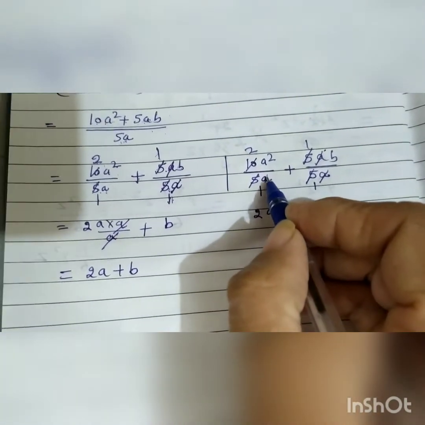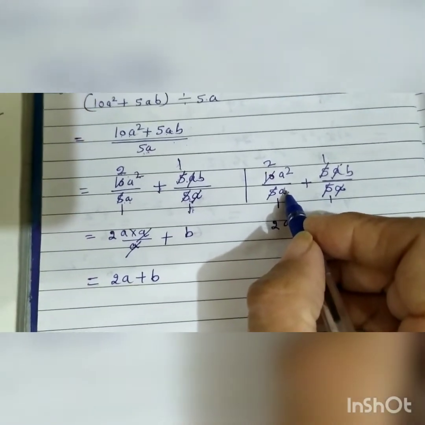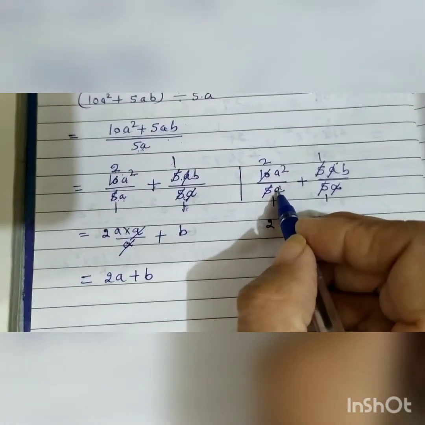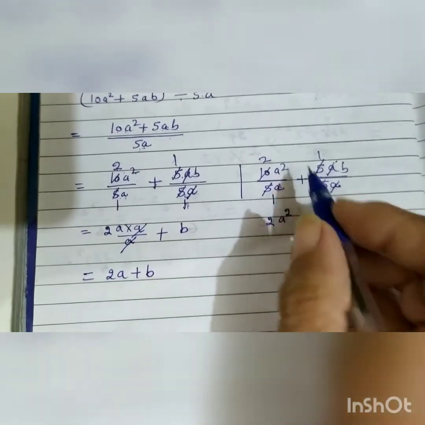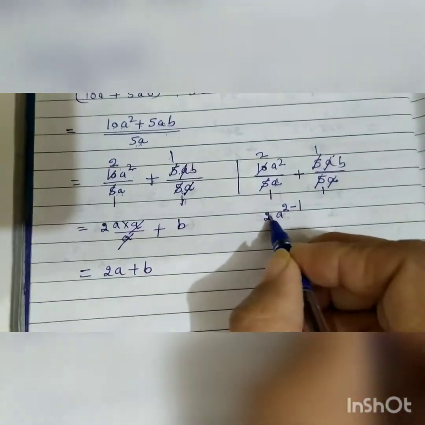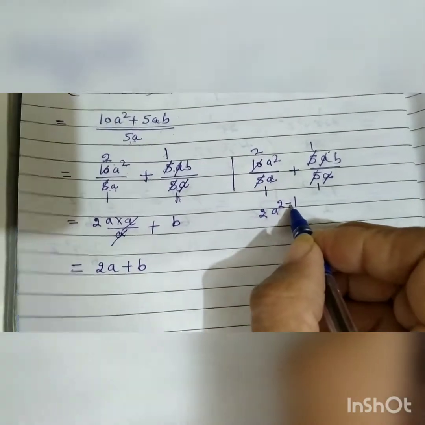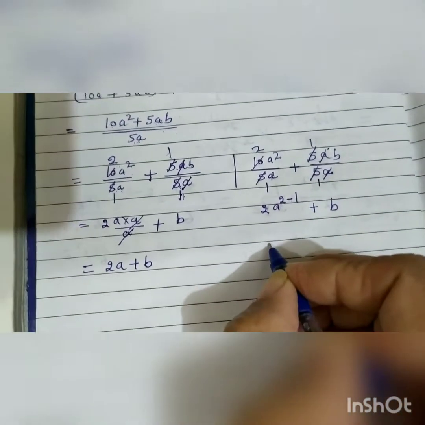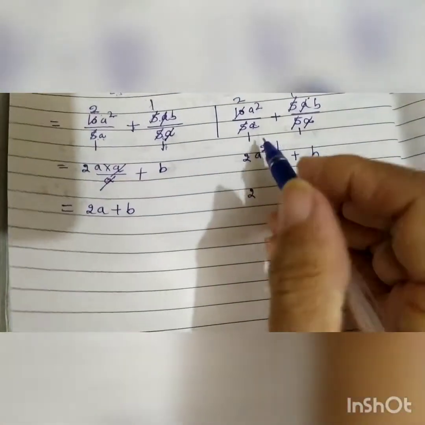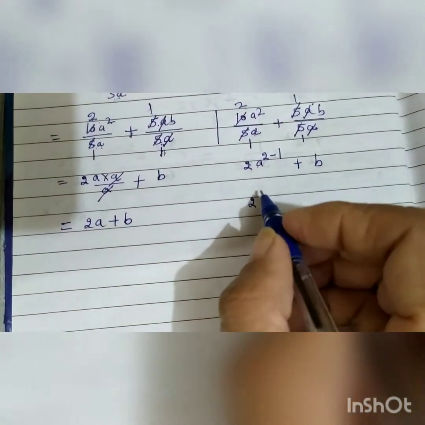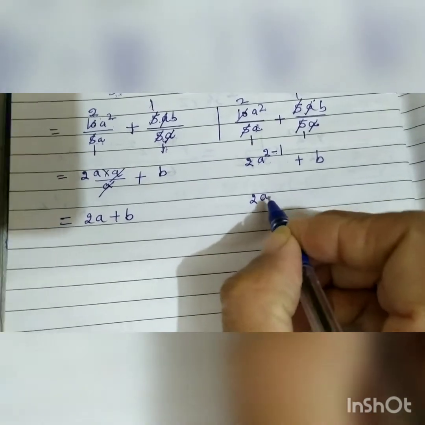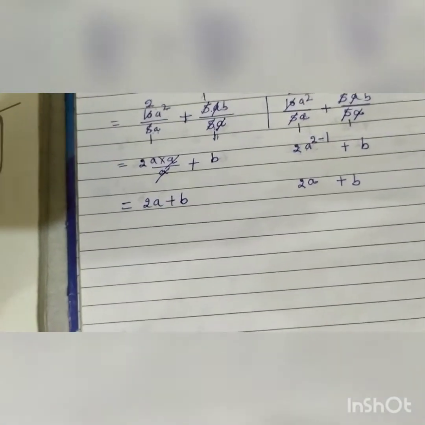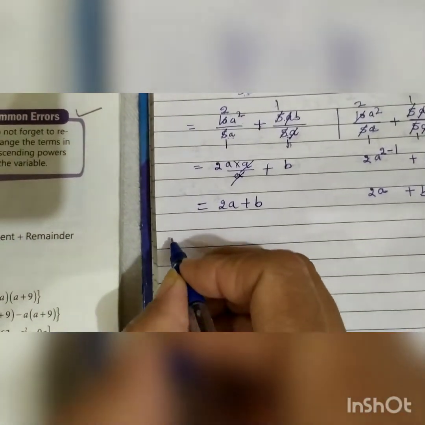You know, when there is no power, it is considered as 1. So we will subtract this power 1 of a from this 2. We can write it like this: 2a to the power 2 minus 1, which is a power 1, and a power 1 means a. So 2a plus b. Clear?